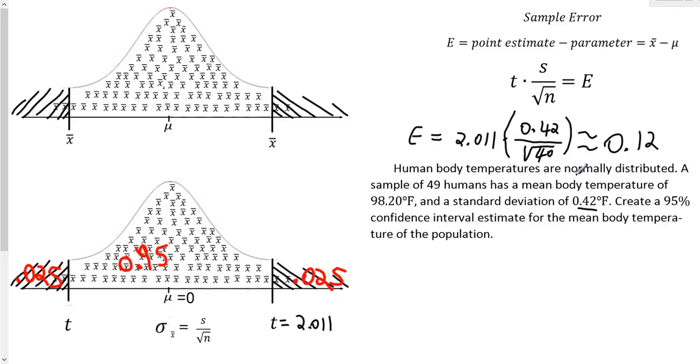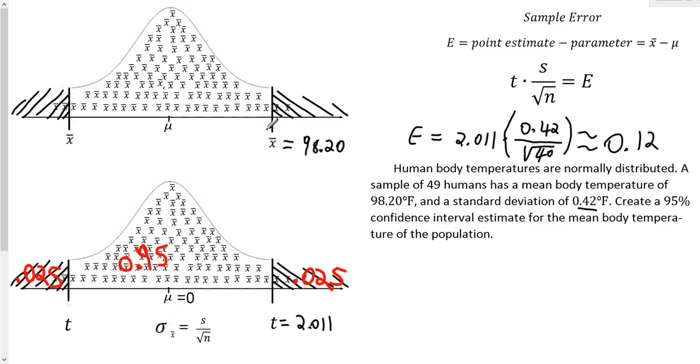That means that if my sample mean of 98.20, let's say it's too high, right?